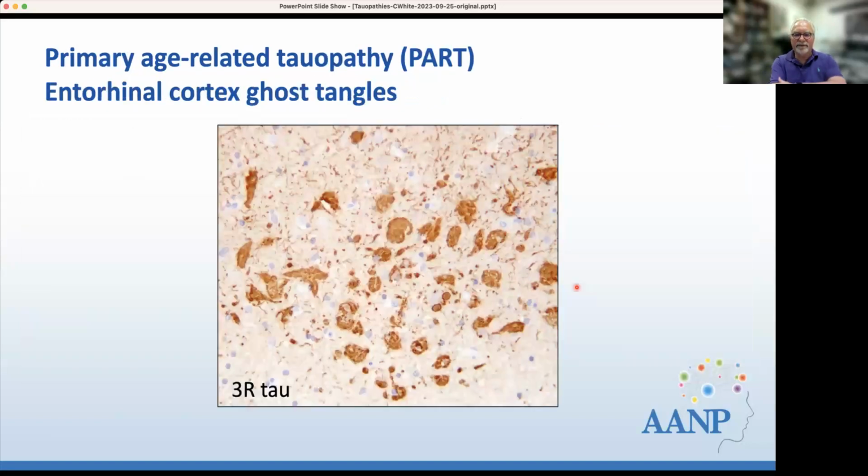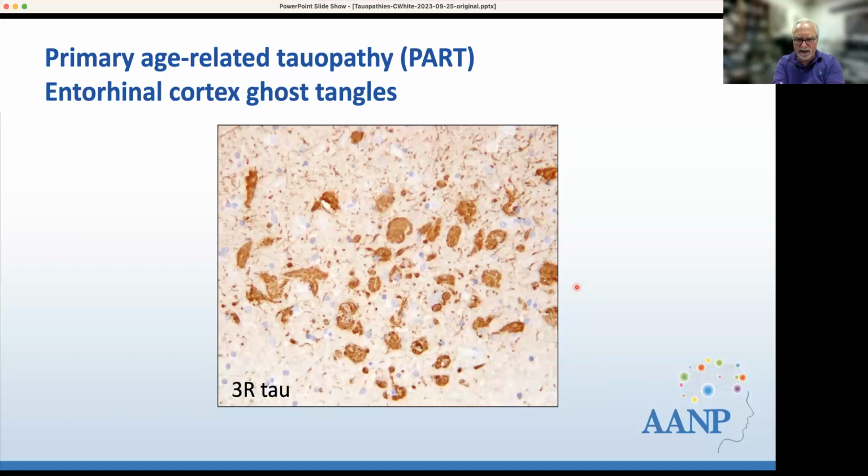Another characteristic feature, although not one of the key diagnostic criteria for PART, is that it's often characterized by the presence of large numbers of ghost tangles, extracellular tangles that are left behind as tombstones after the neuron in which they previously resided has died. And these are common in the entorhinal cortex as well as in CA1 of the hippocampus.